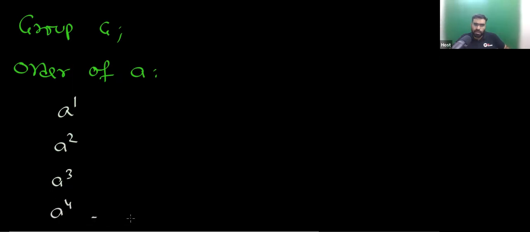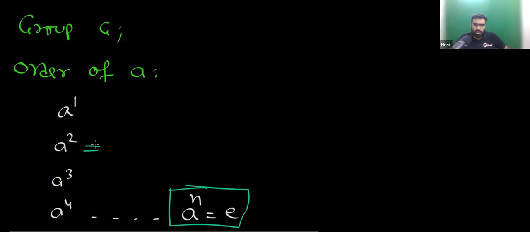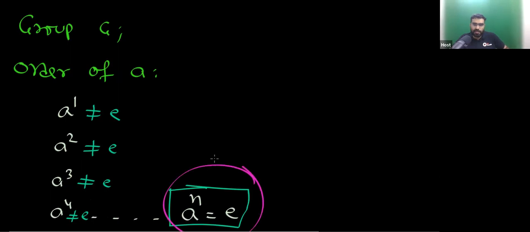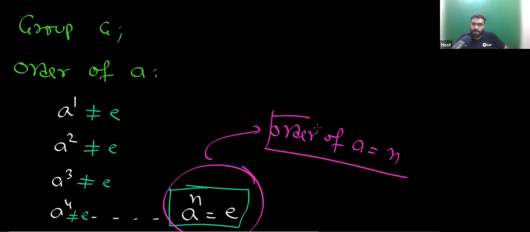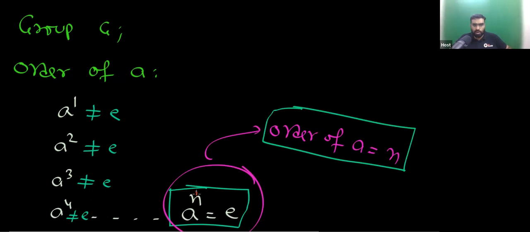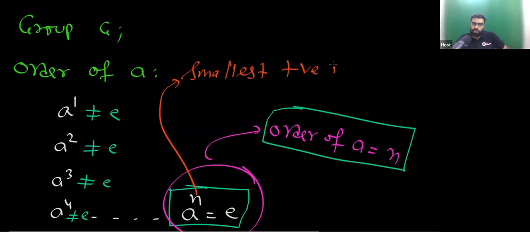Once you get the identity element, you can say the order of A is equal to n. This n must be the smallest positive integer. Don't forget about smallest. Simple.